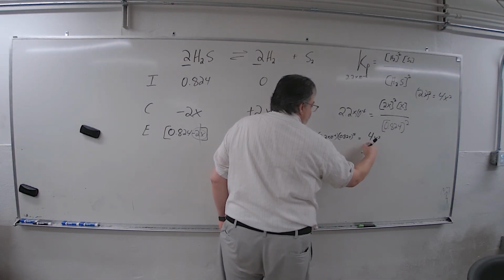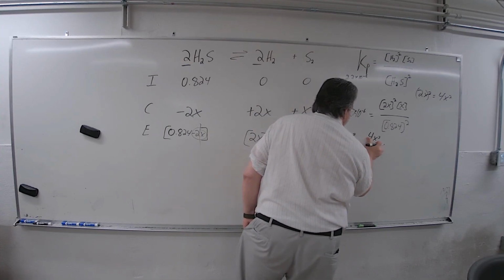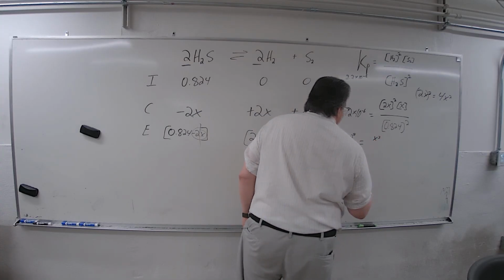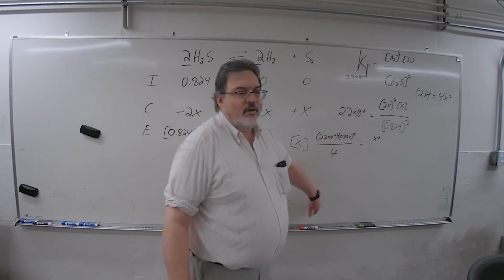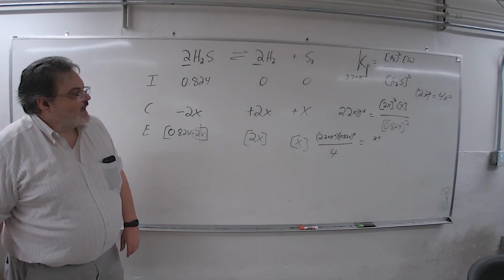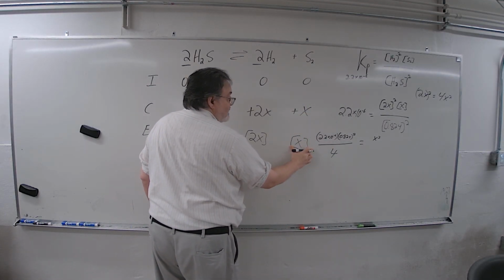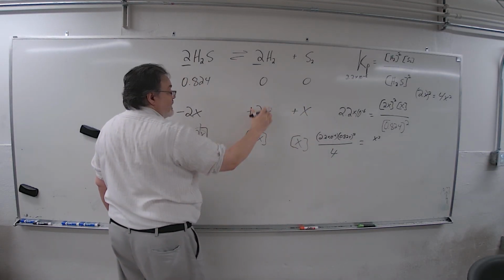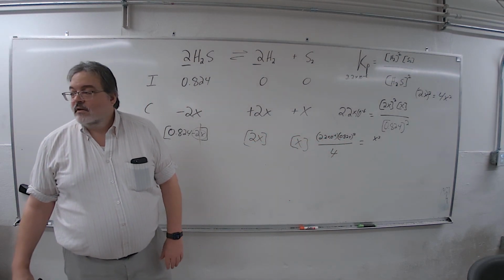Then you divide both sides by 4. And once you get this numerical value, you use your calculator to find the cubed root. And that gives you x. So the concentration at equilibrium of this one is x. And the concentration of this one at equilibrium is 2 times whatever you found for x. You with me?